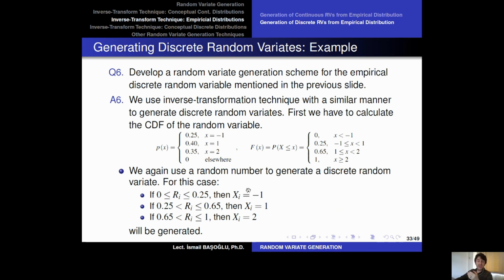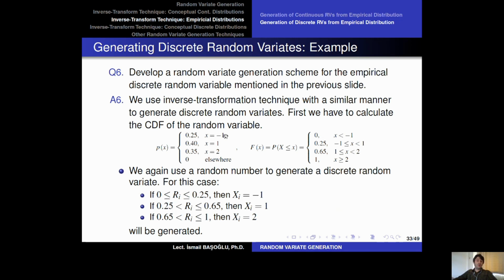And in our random variate generation scheme, again, we are going to use a pseudo-random number. If the pseudo-random number is within the first interval, then the corresponding random variate will be -1. If the pseudo-random number is in the second interval, which has the length of 0.40, then the random variate will be equal to 1. And if our random number is between 0.65 and 1, then our random variate is going to be equal to 2.